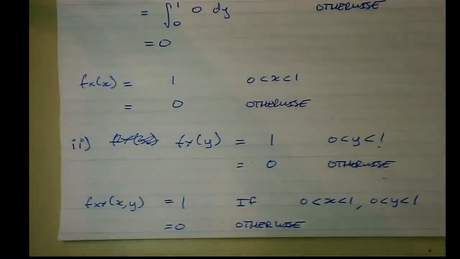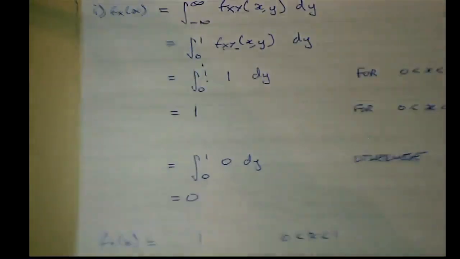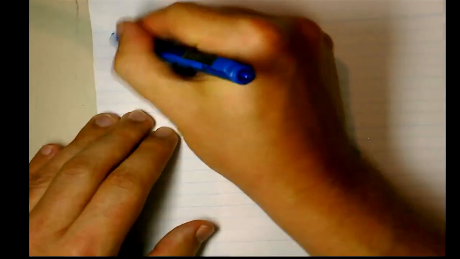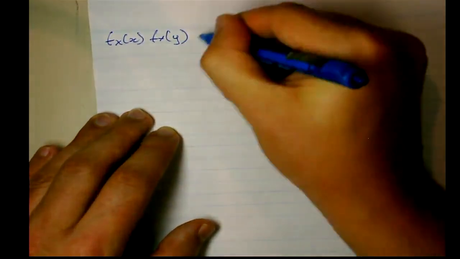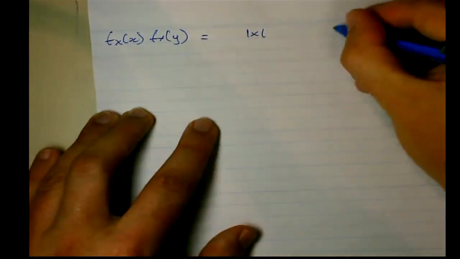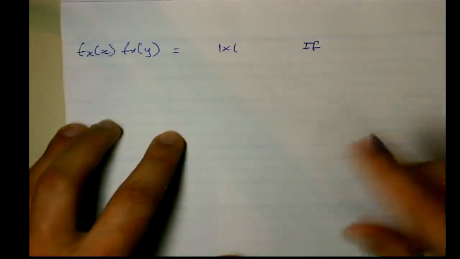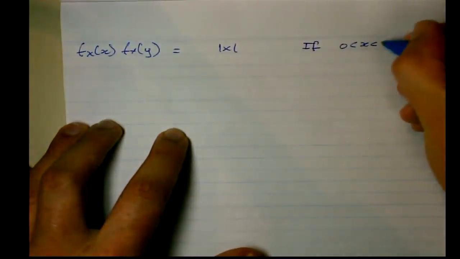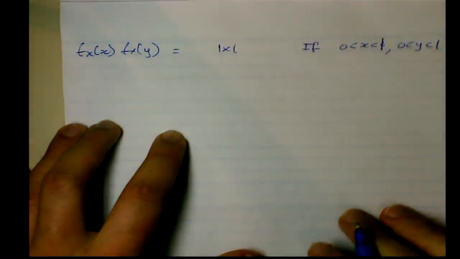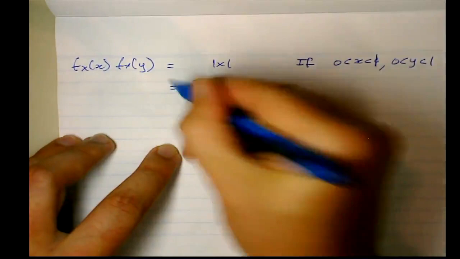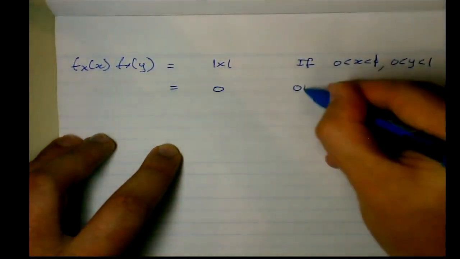So what is f_X times f_Y? Well, you can work it out. 1 times 1. It's exactly this. It's exactly the joint PDF, right? So f_X times f_Y is equal to 1 times 1 if 0 less than x less than 1, 0 less than y less than 1. Obviously 1 times 1 is 1, and it's 0 otherwise.